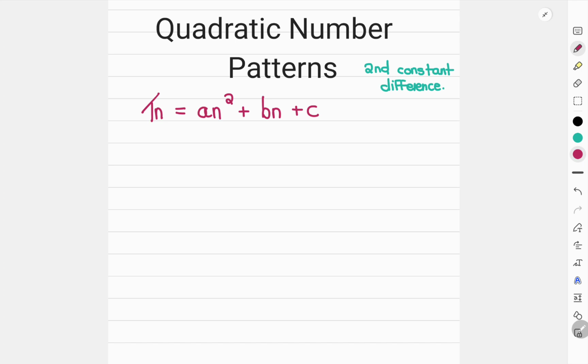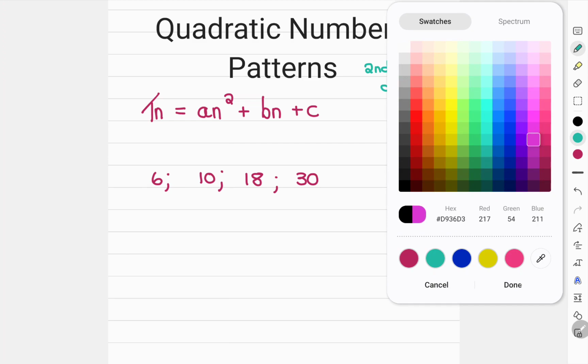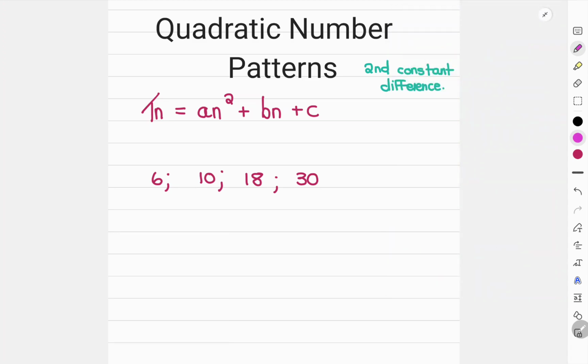Let's look at a quadratic number pattern. If I've got 6, 10, 18, and 30, we are going to quickly have a look at what is being added the whole time.